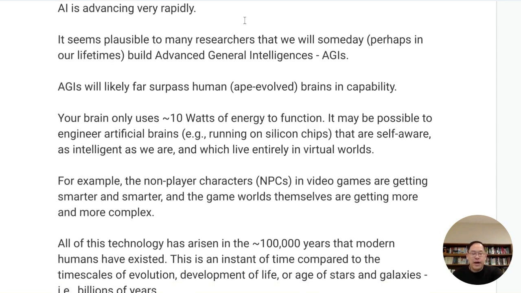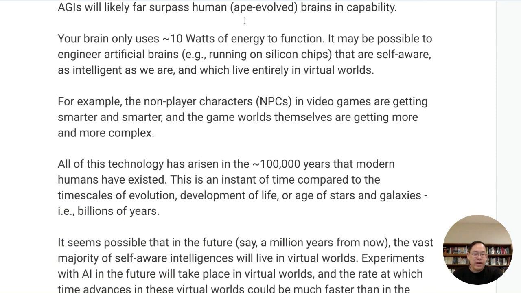These game world characters are called non-player characters, or NPCs. Player characters in video games are us controlling our character in the game world, and the characters that are controlled by the computer are called the NPCs. It's a clear trend that in video games, in our world, the NPCs are getting smarter and smarter.